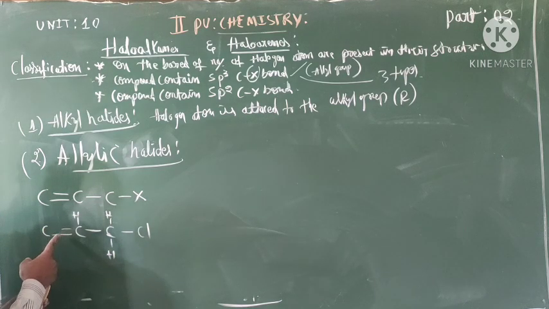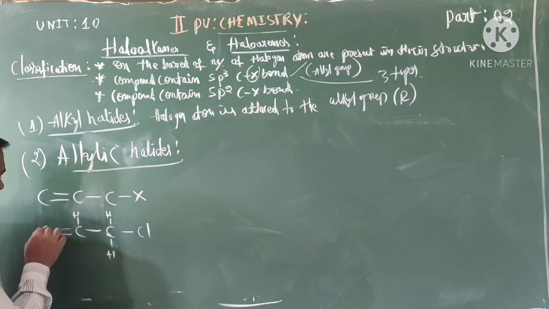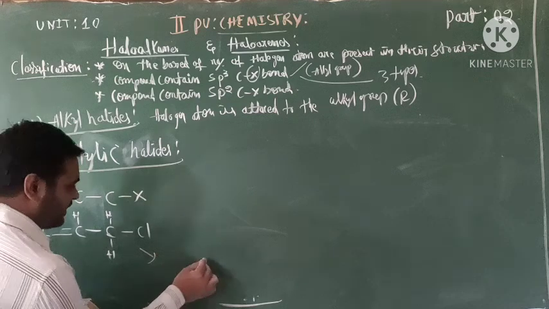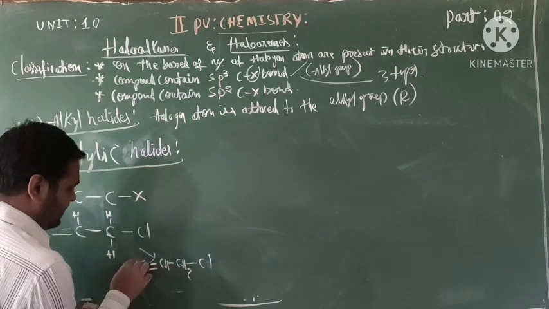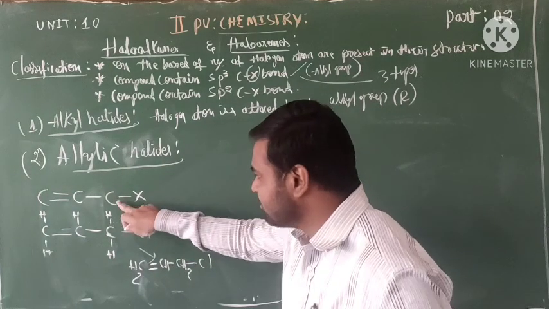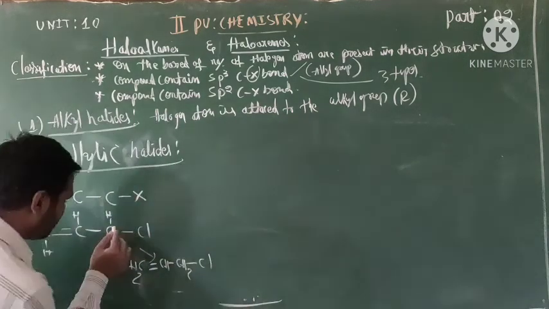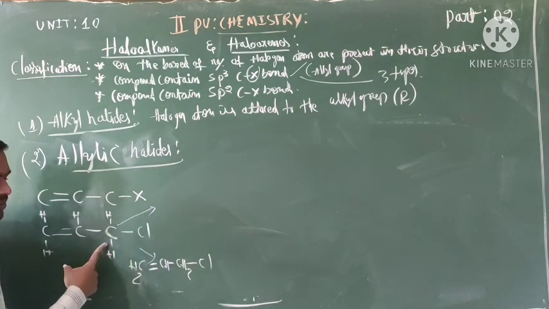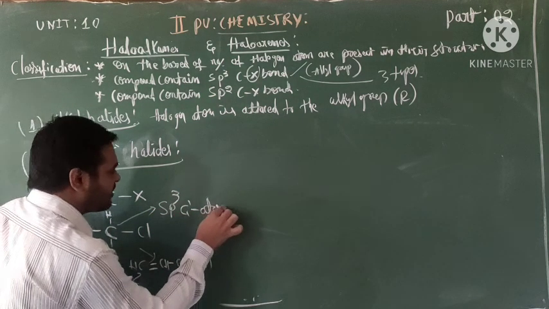And this is 1, 2. Carbon having 4 bonds, 1, 2, 3, CH2. Okay. So write it in simplified form: Cl-CH2-CH=CH2. Okay. So see here, the halogen atom is bonded to what type of carbon? This carbon has 4 bonds, which means an sp3 hybridized carbon atom.